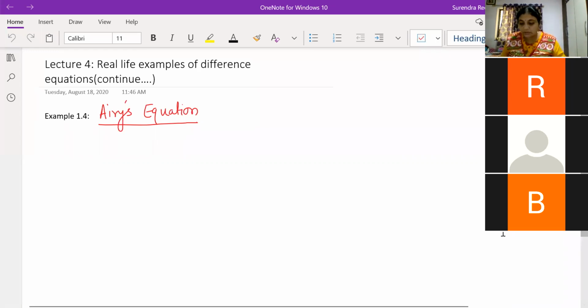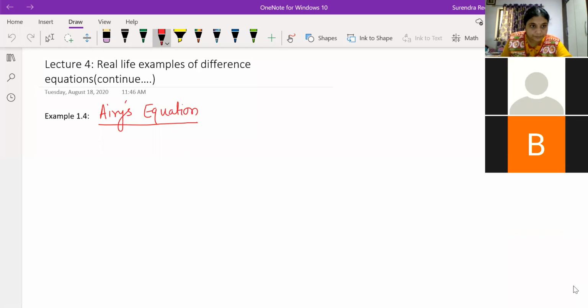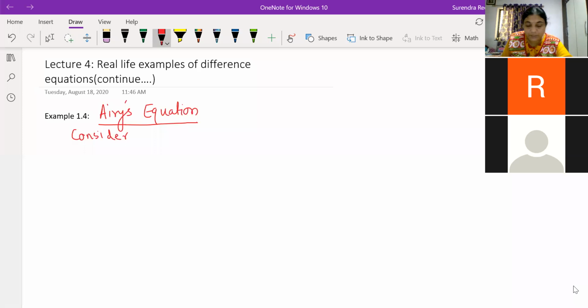So I will start now. This is another example of a difference equation, which is called the Airy equation. So consider the second order differential equation y double dash of x equal to x times y of x.